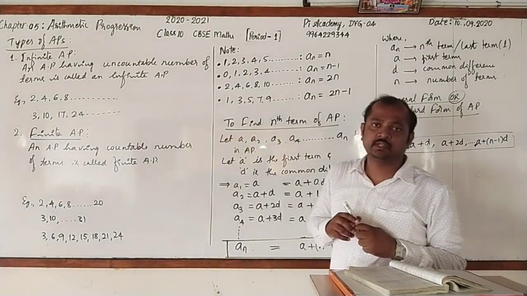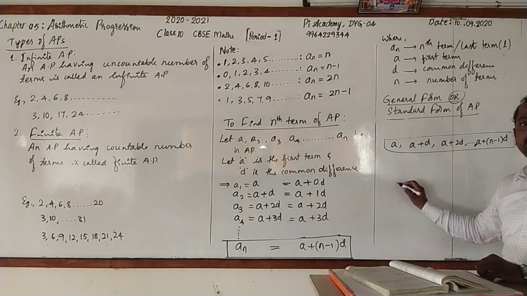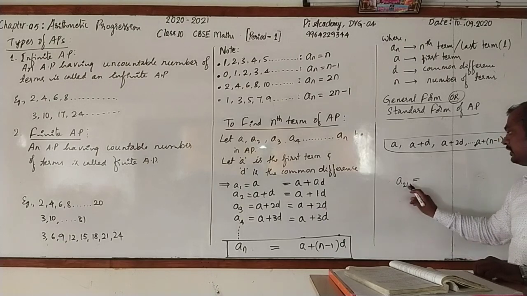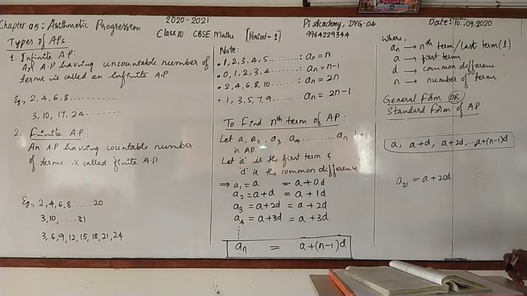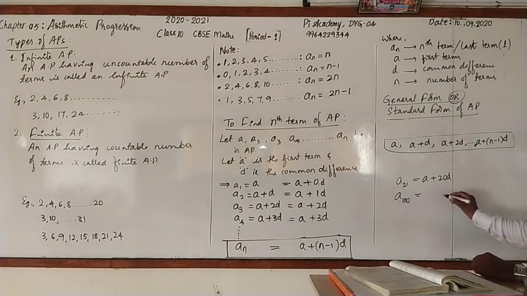Then, dear students, if it is so, how do you write the 21st term? A21 can be expressed in terms of A and D as A plus 20D. If it is the 100th term, A100 is equal to A plus 99D.